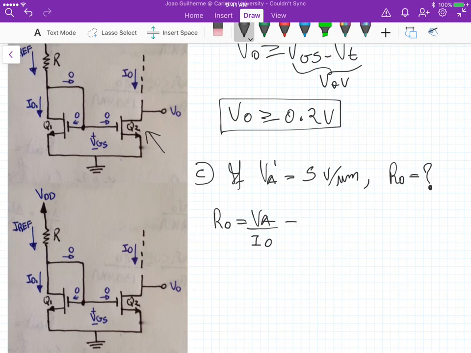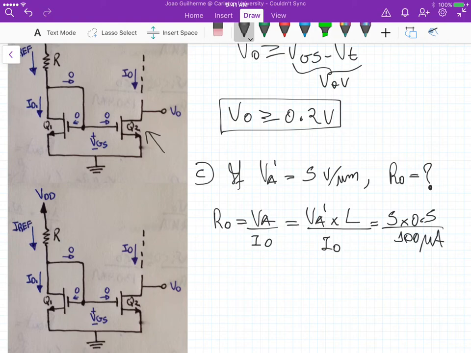And this means that we have VA prime times the length of the transistor divided by I naught. That's the same as 5 times the length, which is 0.5, divided by 100 microamperes. And this means that R out is equal to 25 kilo ohms.